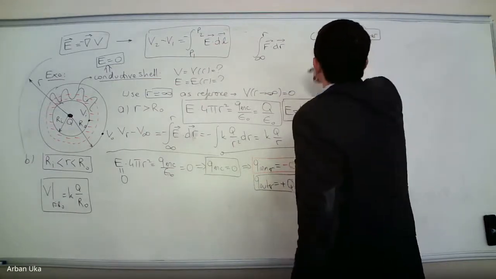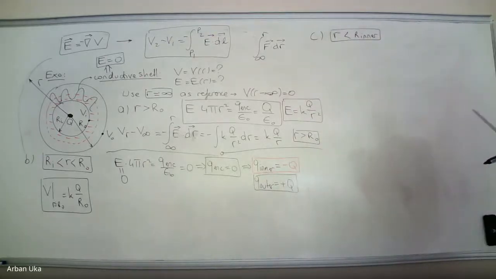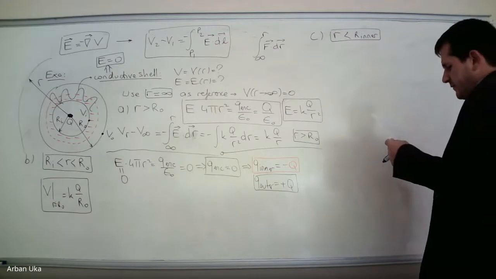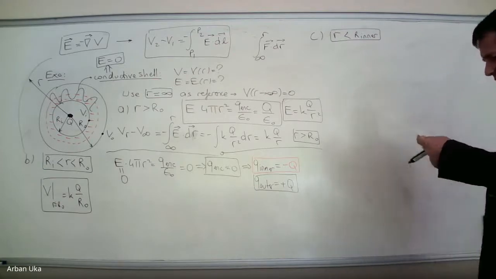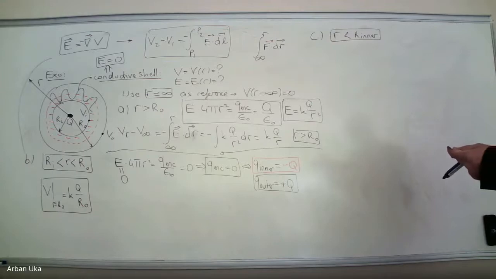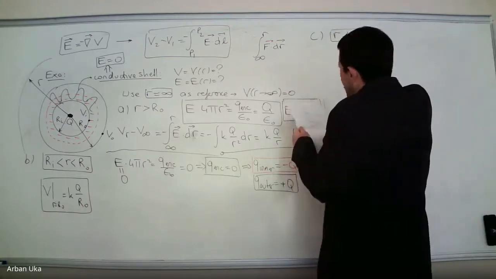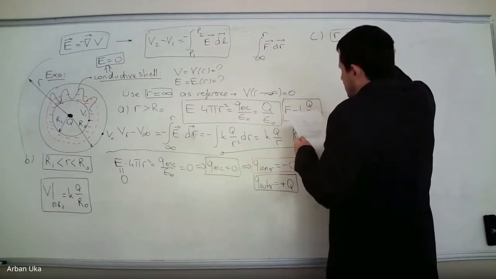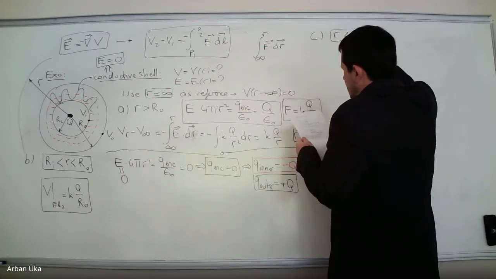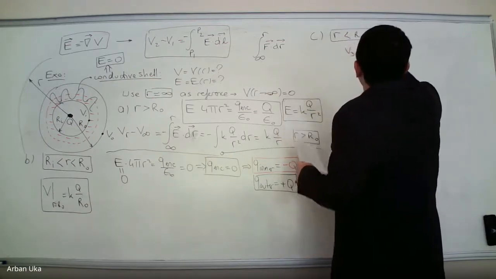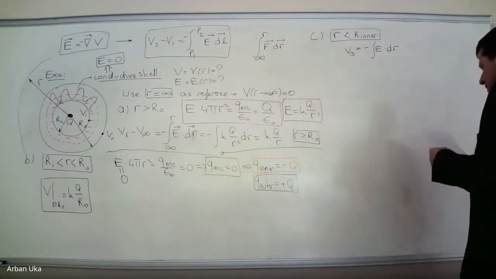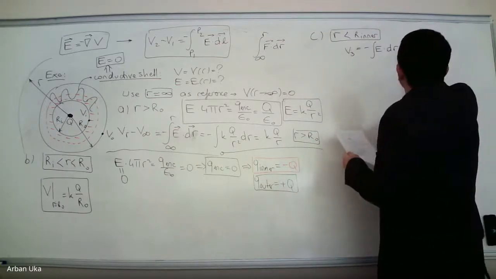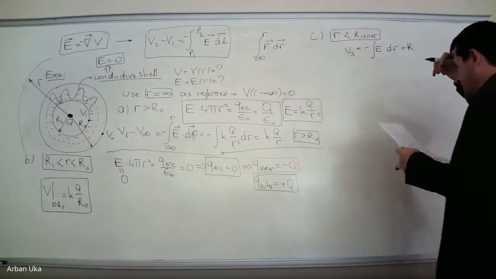So R smaller than R inner, and in this case, what we can say is that the potential V3 is equal to minus the integral of E dR plus a constant K, okay?